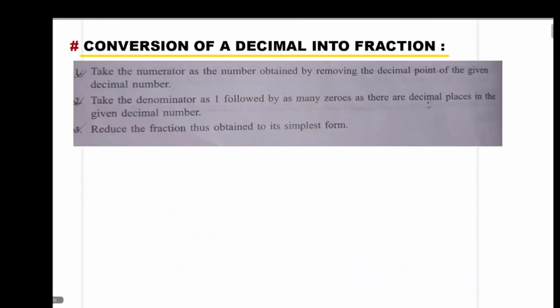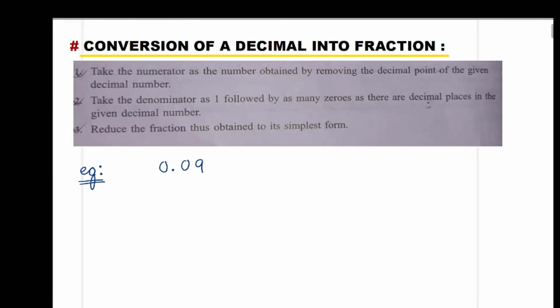Next, conversion of a decimal into fraction. How we can convert a decimal into fraction? Now see, here it is given, take the numerator as the number obtained by removing the decimal point of the given decimal number. What is given? Take the numerator. That means suppose, one example I will show you, 0.09. This is the decimal.